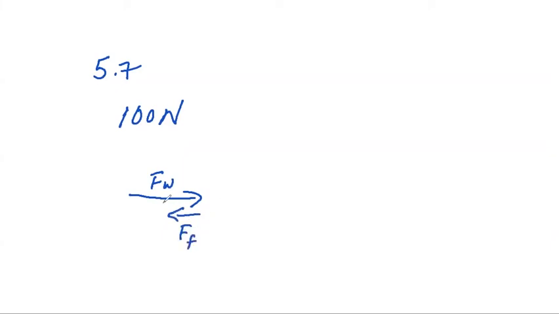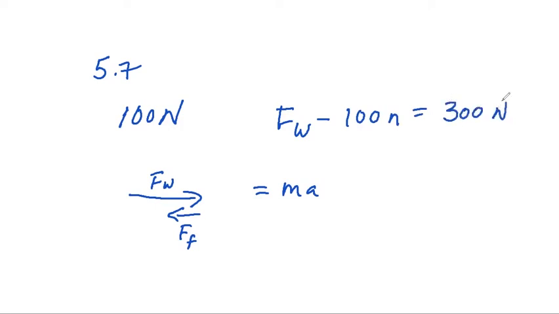And so I have the sum of forces equals MA, right? So force of the wind minus 100 newtons equals, what was MA, 300 newtons?